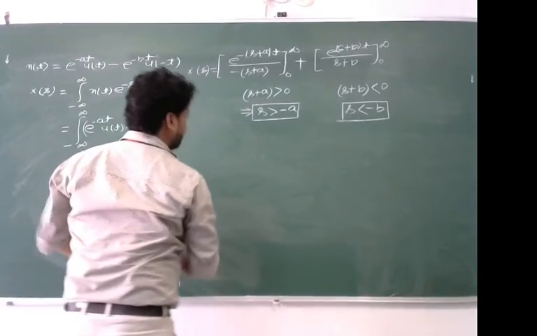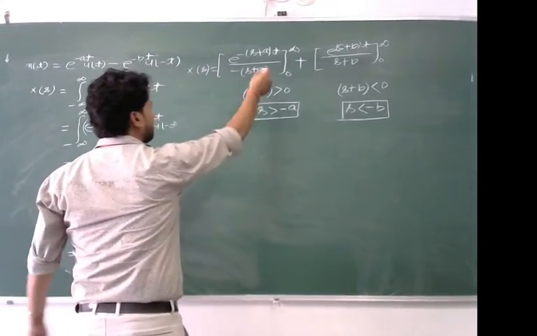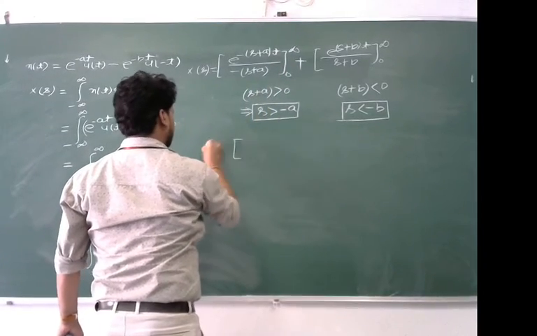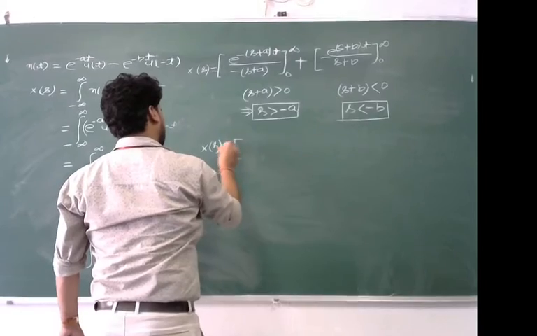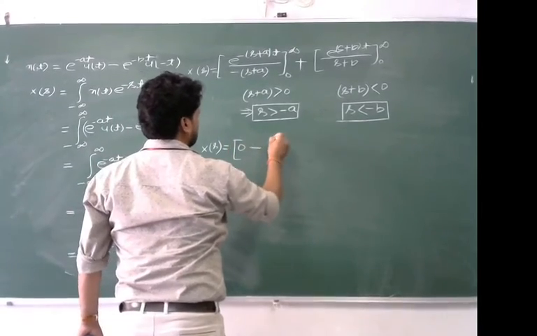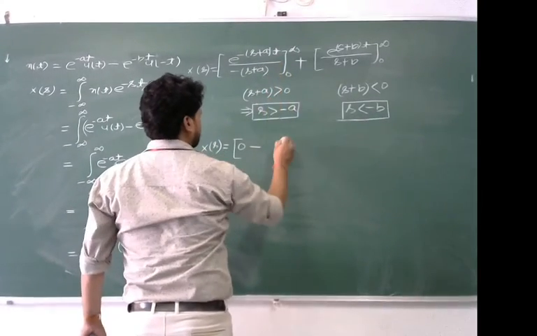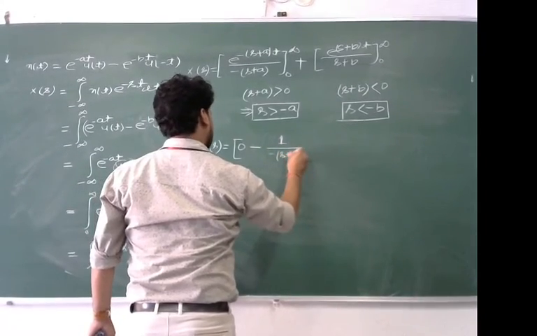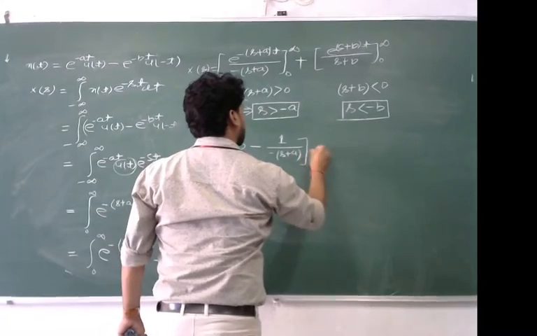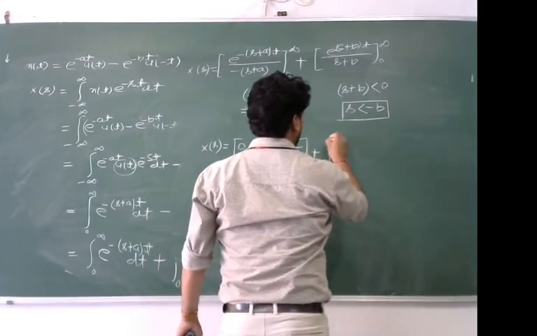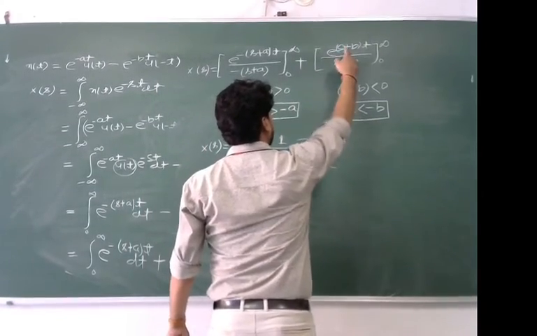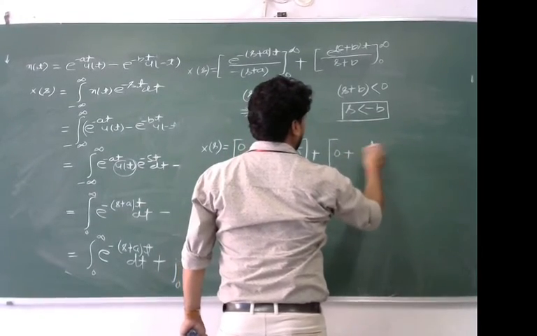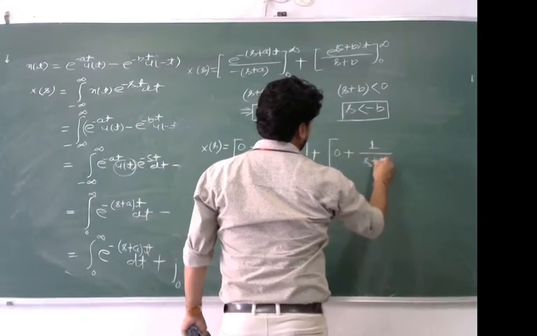Now in this relation, when I put t equal to infinity here, this will become 0. So X(s) is equal to 0 minus, when I put t equal to 0 here, this will become 1 upon minus of (s plus a), plus, because s plus b is negative here, this will also become 0, plus 1 upon s plus b.